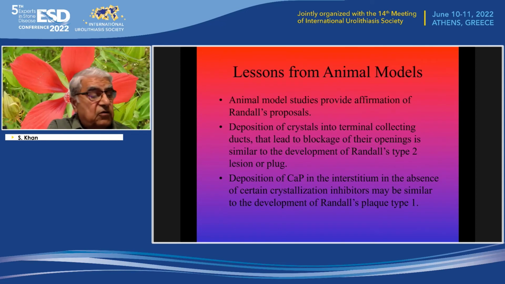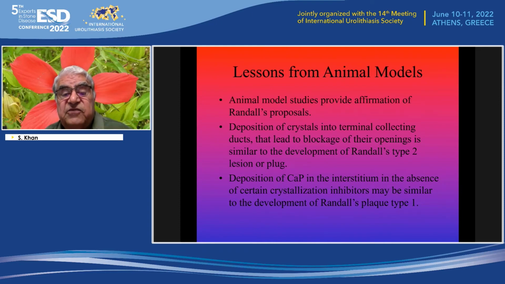So what do we get from these lessons from the animal models? Animal model studies provide affirmation of Randall's proposals. Deposition of crystals into terminal collecting ducts that lead to blockage of their openings is similar to the development of Randall's type 2.